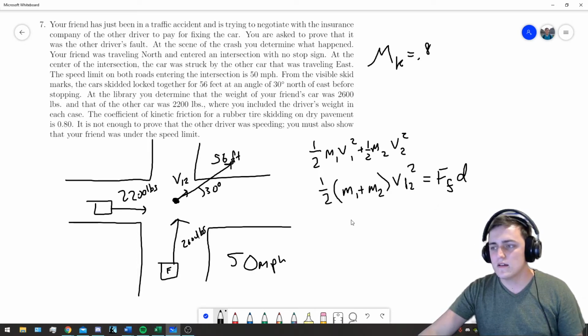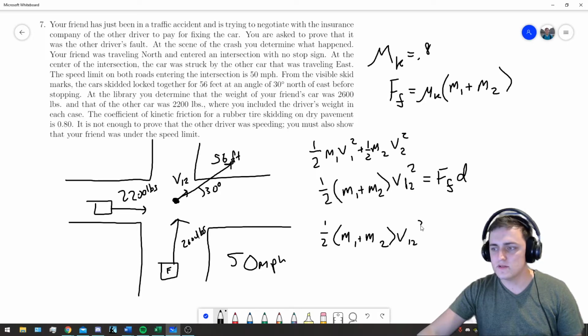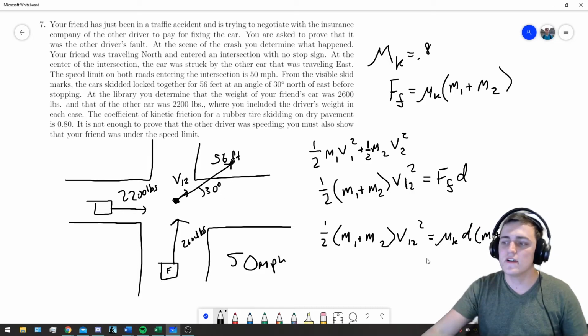And so we can identify our force due to friction as mu sub k times the normal force, which is just m1 plus m2. And so we get 1/2 (m1 plus m2) v12 squared equals mu sub k d (m1 plus m2). And we know all these variables except for v12, which we can solve for.